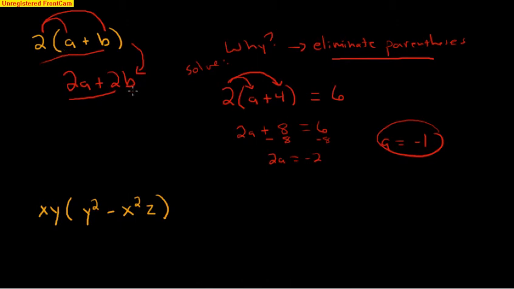And the odd thing is sometimes too we're going to actually want to create the parentheses. For example, we'll have 2a plus 8 once I distribute it through. And you'd say, well, sometimes I want to reverse the distributive process, and why would I want to do that? Well, if this were 2a plus 8 over 2, by reversing the distributive process, we would end up with 2 times the quantity a plus 4 over 2.